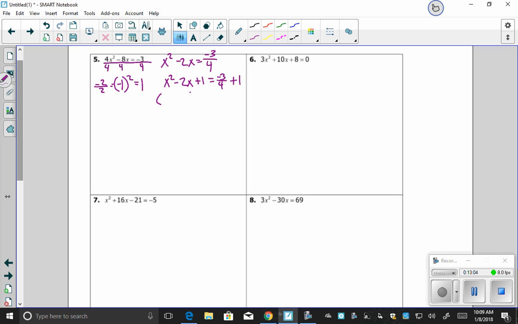Factor. Factors of 1 that will add to give me negative 2. Well, factors of 1 is 1 and 1. Because negative 2 is negative, they have to be negative. So it's going to be x minus 1, x minus 1, and negative 3/4 plus 1 is going to leave me with a positive 1/4.